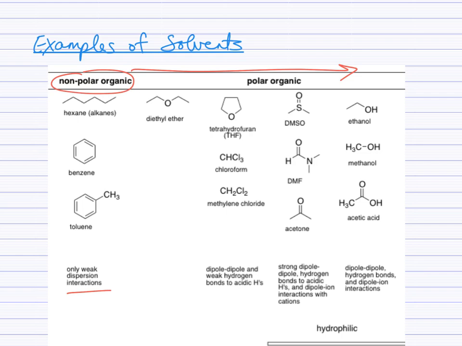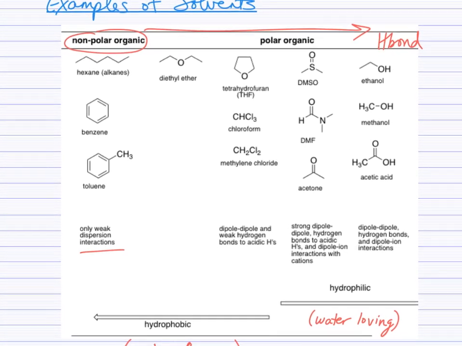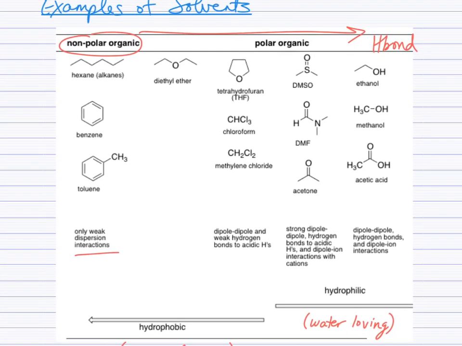And hopefully, as you move across these structures, you'll see eventually the capacity for hydrogen bonding over here in each of ethanol, methanol, and acetic acid. Okay, so this is just meant to be an opportunity to apply what you've learned in understanding. Hopefully everything in this table makes sense to you now.